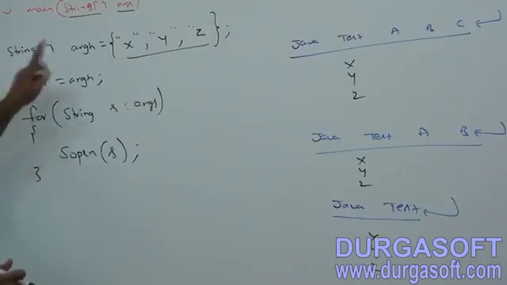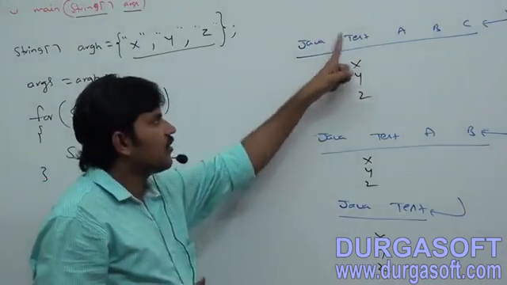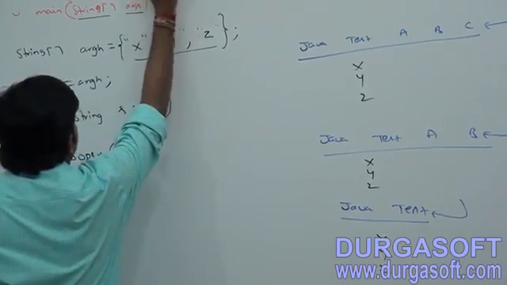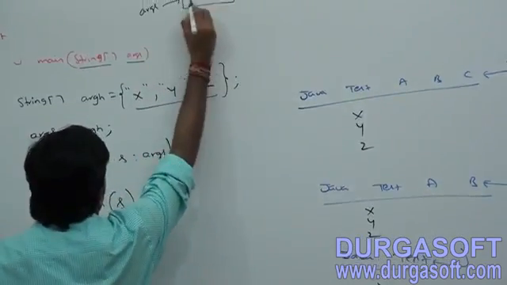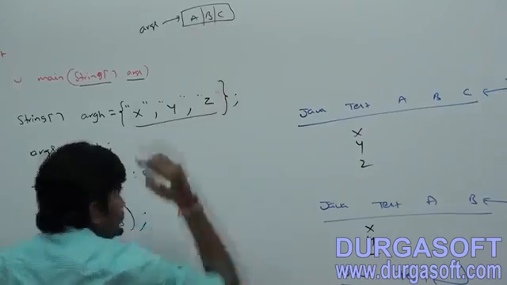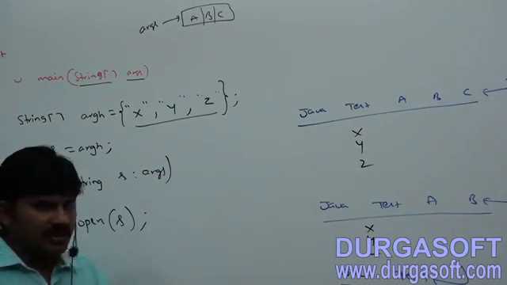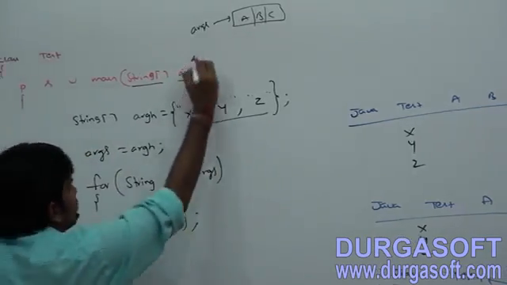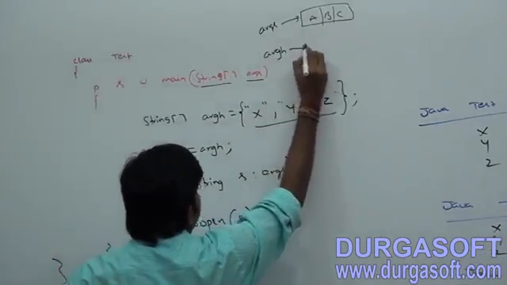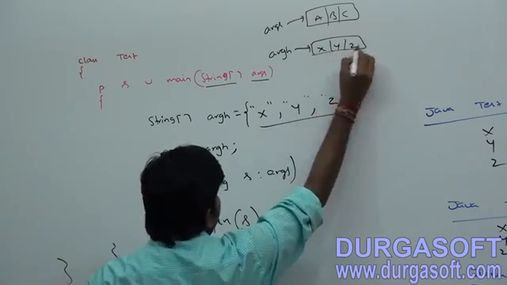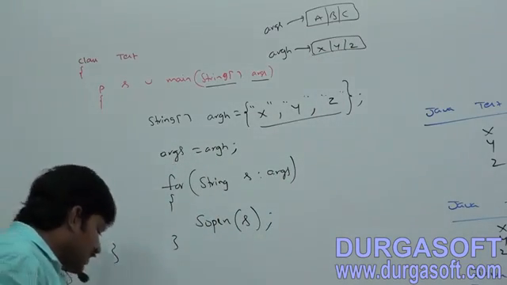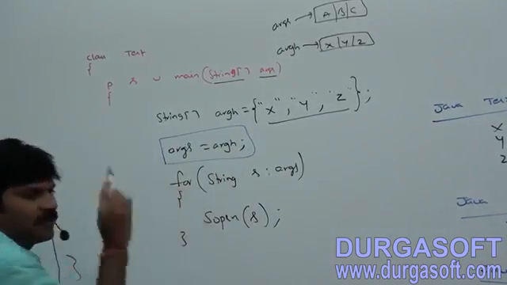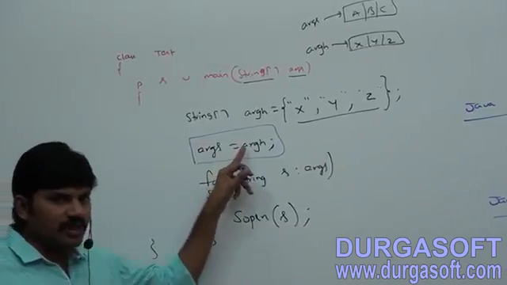Simple, here see. Let me consider the first case, Java test ABC. Args is pointing to ABC, right? Now argh is equal to xyz. Now this line plays a very important role: args is equal to argh.